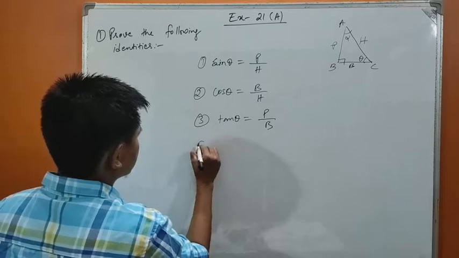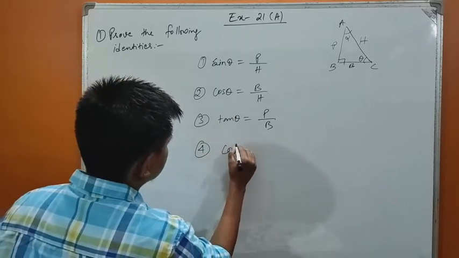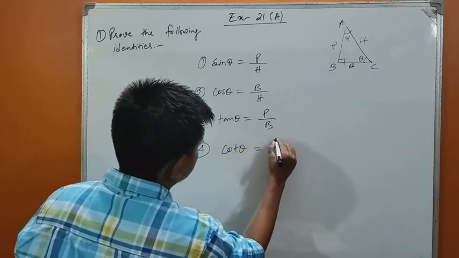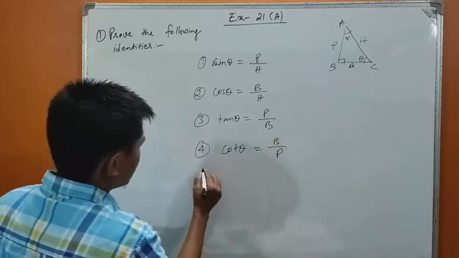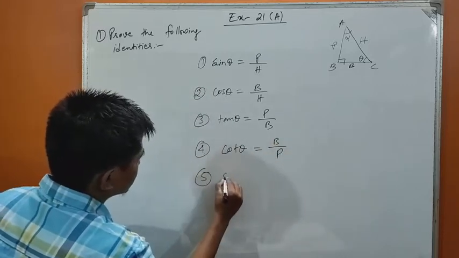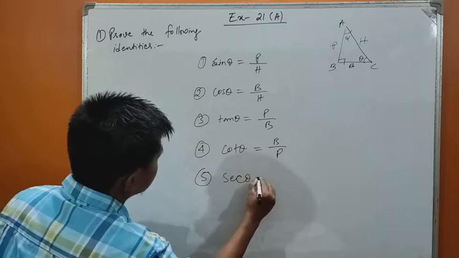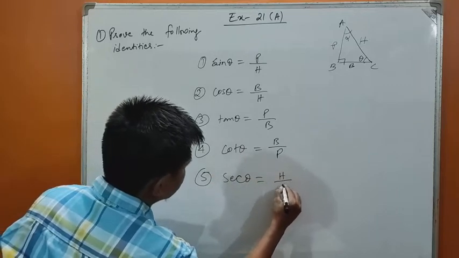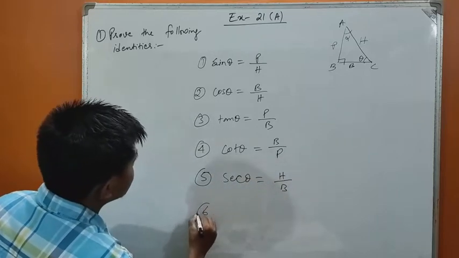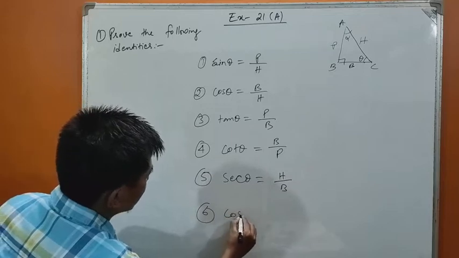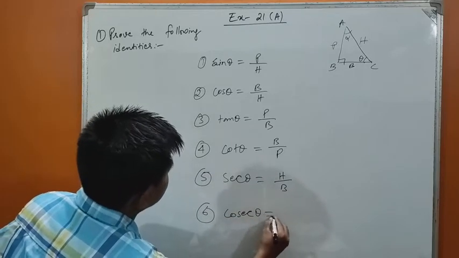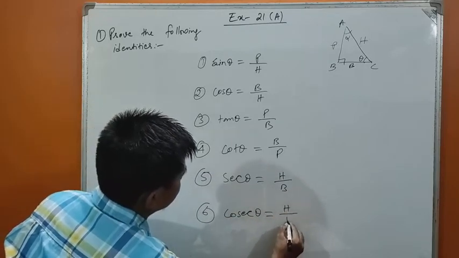Number four, cot theta equal to base upon perpendicular. And number five, sec theta equals hypotenuse upon base. And number six, cosec theta equals hypotenuse upon perpendicular.